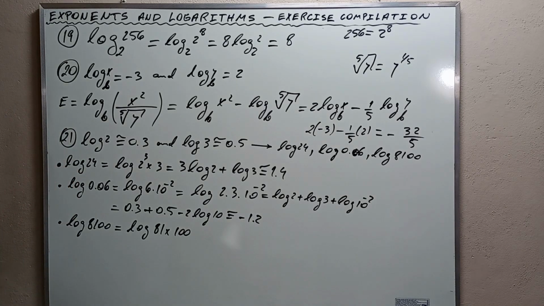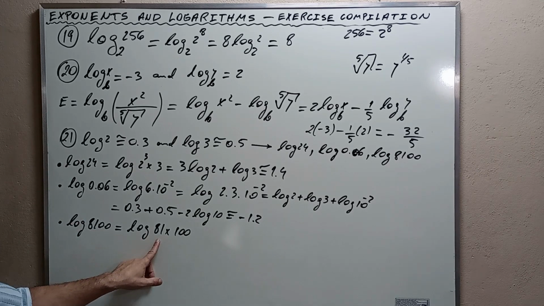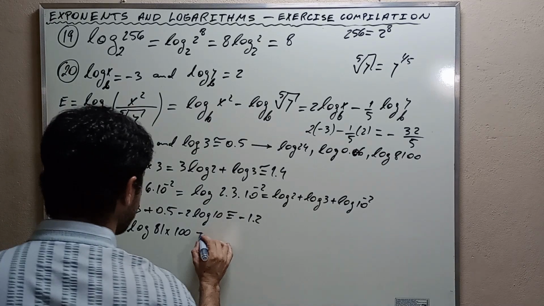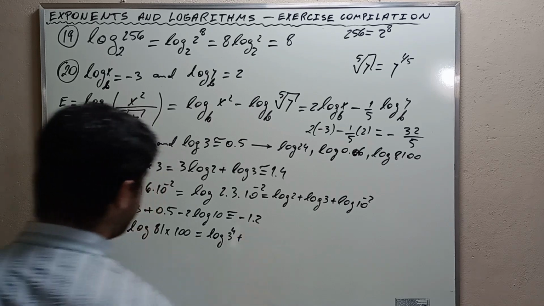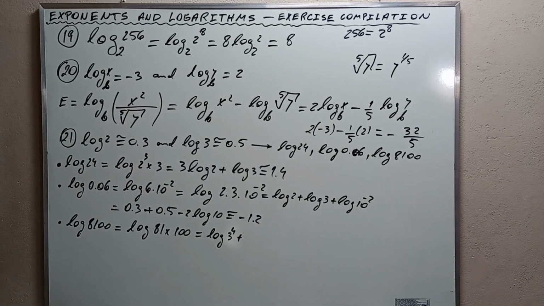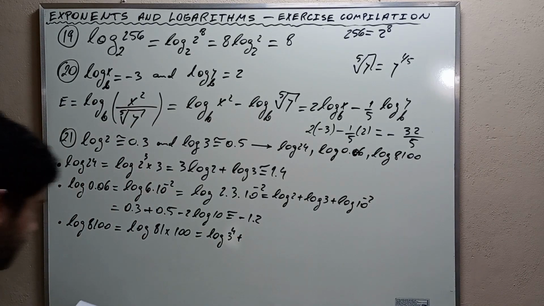Okay? If you multiply this, you get this number here. Observe that 81 is 3 to the 4th. And observe that 100 is 10 squared.